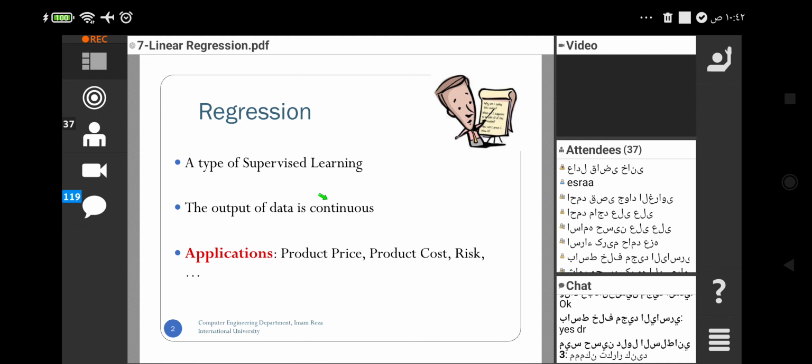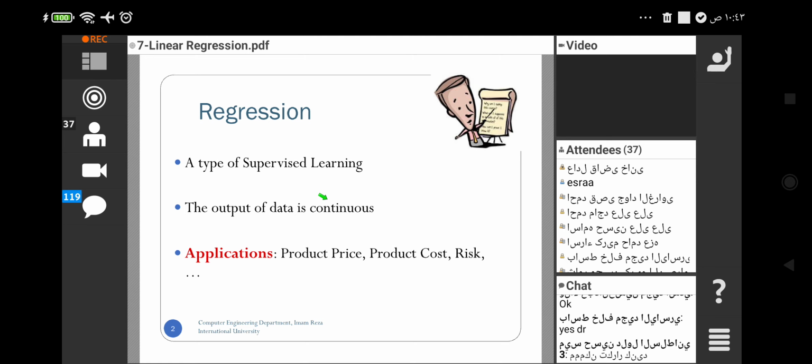It could be anything. The number of values is not limited. For example, if you want to buy a house in Iraq, the prices of the houses could be anything, and they are different. It depends on the age of the house, the place where it is, and the features that the house has. So the price could have any value.